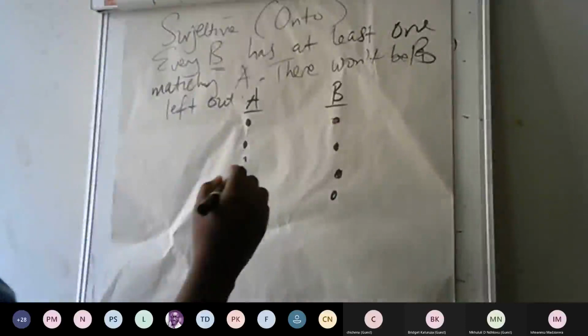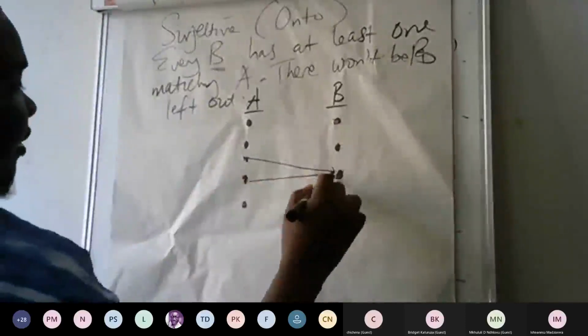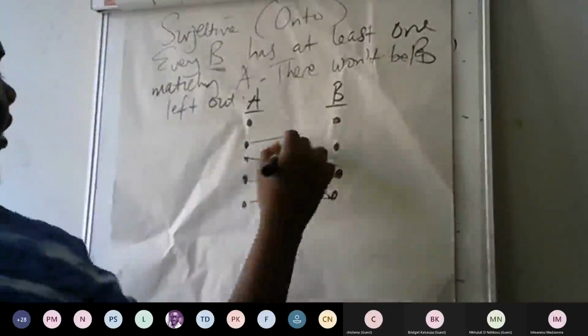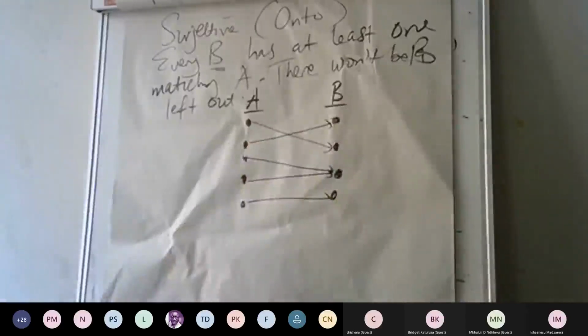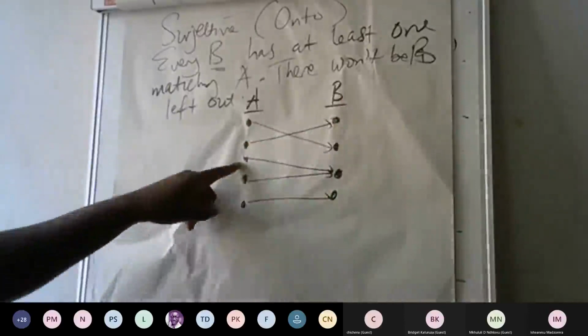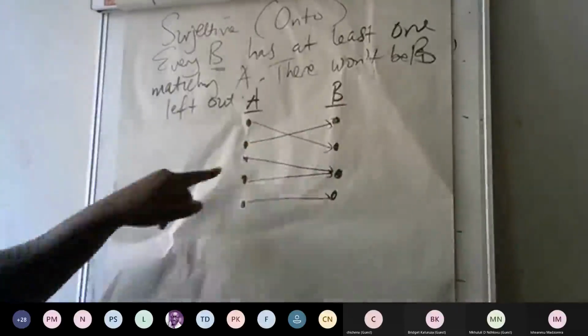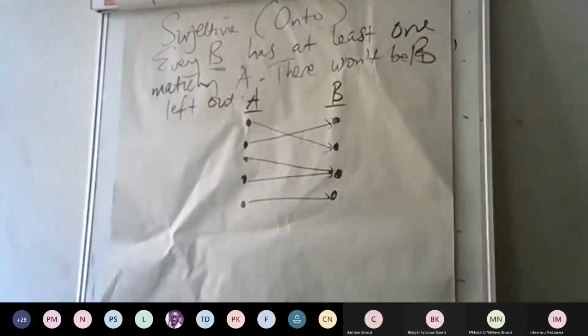I can have these ones going there, then that, and that. There won't be a B left out, but I can demonstrate the issue of many-to-one here, and it still remains a function. What we are not allowed to do is to have one-to-many. It ceases to be a function.